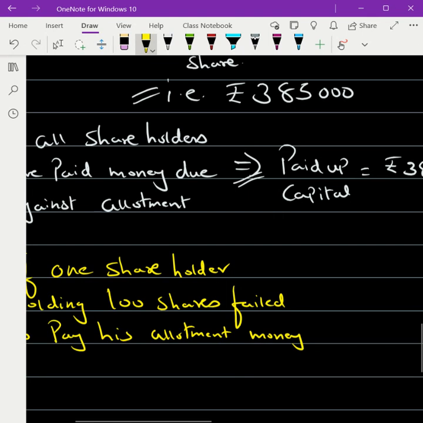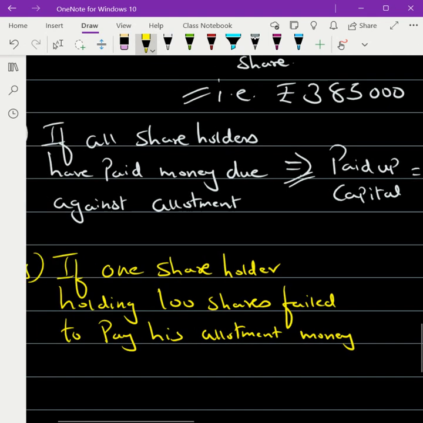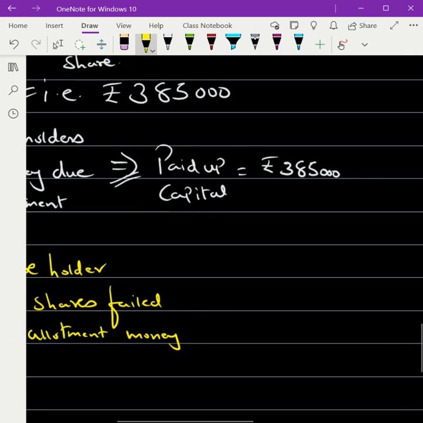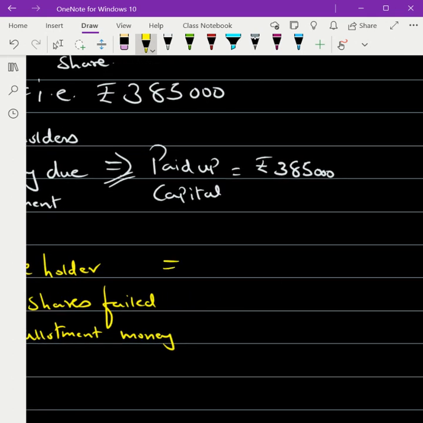This is the information given to us. If one shareholder fails to pay his allotment money on the 100 shares he is holding, then in this case, what will be your paid up capital? That you have to find out.